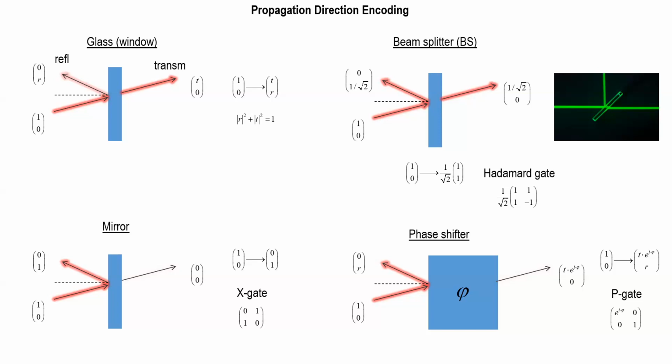When light propagates through this glass slab, it acquires some extra phase φ. So, for example, if I have again the state (1, 0) in the input, the light reflects from the surface and gets the state (0, r) because of the reflection.